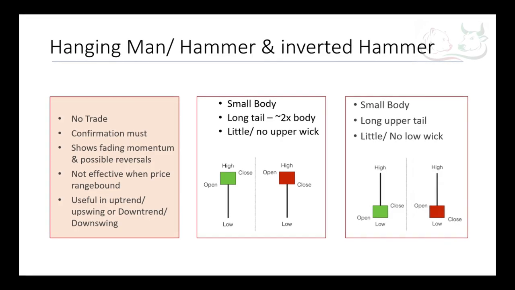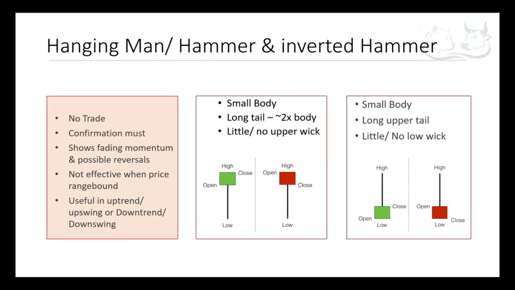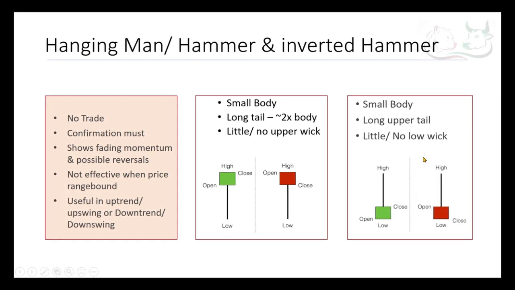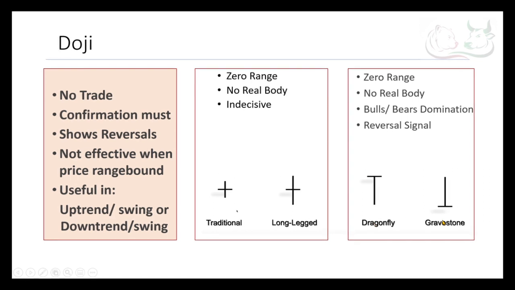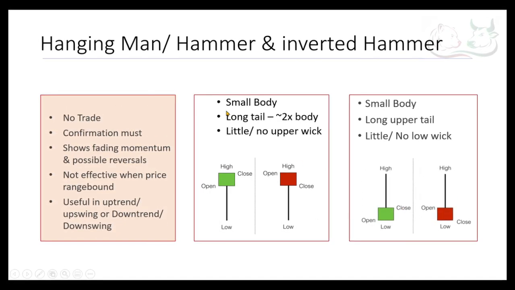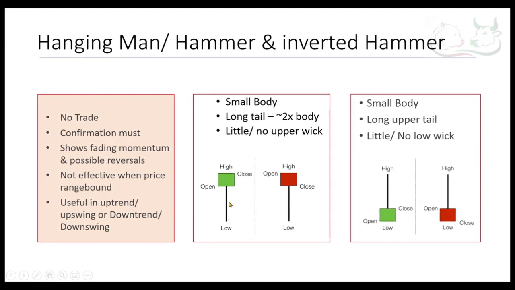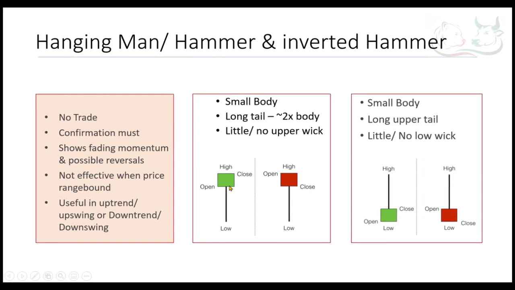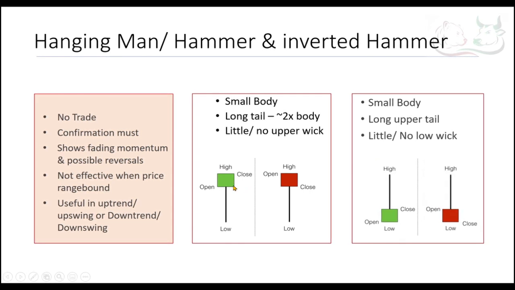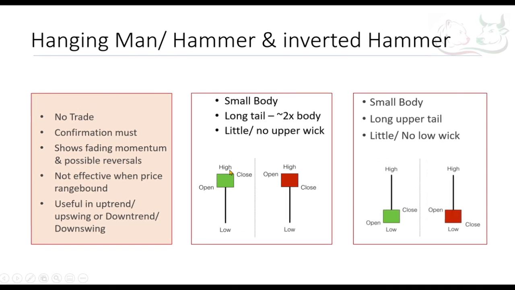We will talk about these four new candles now, which are similar to your dragonfly and gravestone dojis, except for the fact that they have a small body. On the other side, the psychology behind the formation is almost the same.